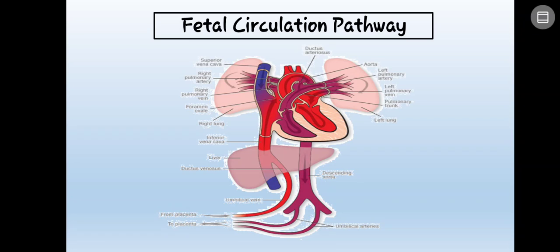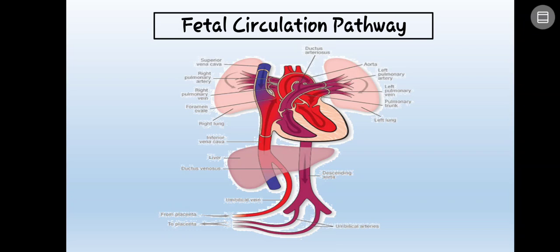After going to supply the various parts of the body, it will get to the tissues through the small arterioles and then the capillaries. Then there is exchange of gases between the blood and the tissues of the baby, the fetus, and then the deoxygenated blood containing waste products will join the descending aorta in the fetal circulation.